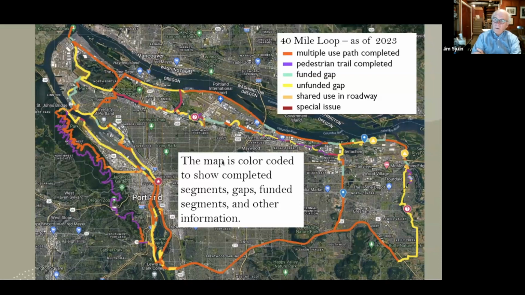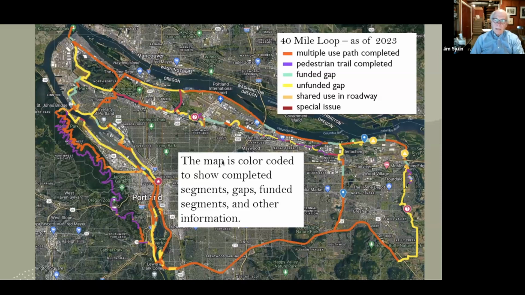And the Barbara Walker Bridge that you saw crosses an important local roadway on that purple line. But the purple line mainly is the Marquam Trail in southwest Portland and the Wildwood Trail in northwest Portland, extending up through Forest Park. So that's a quick and dirty look at our system.